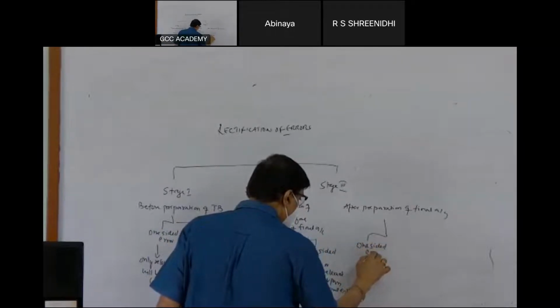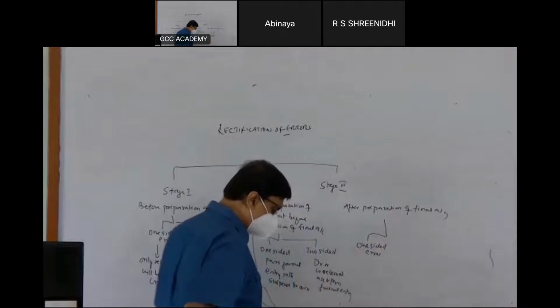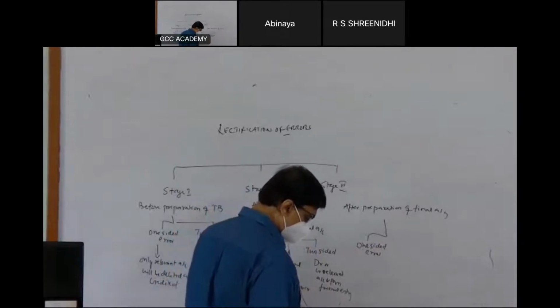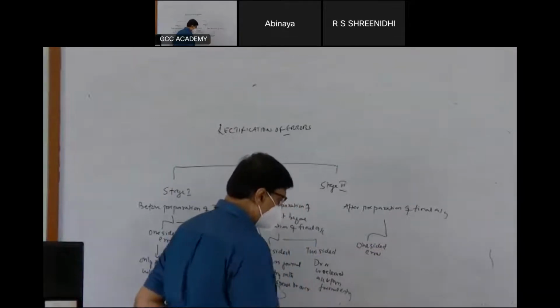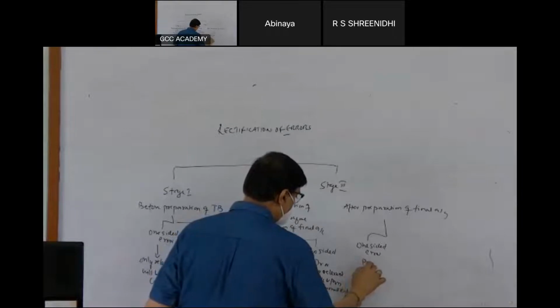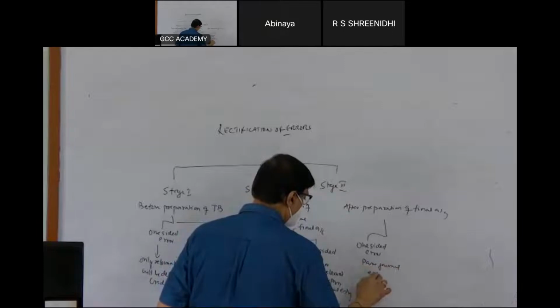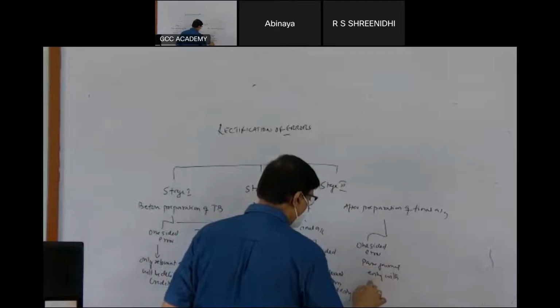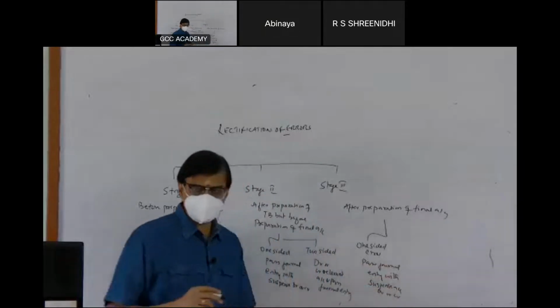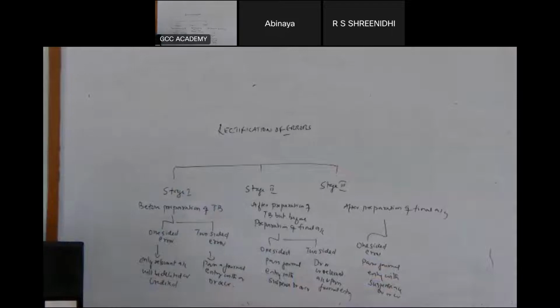Now, one-sided error: pass a journal entry with suspense account, debit or credit.